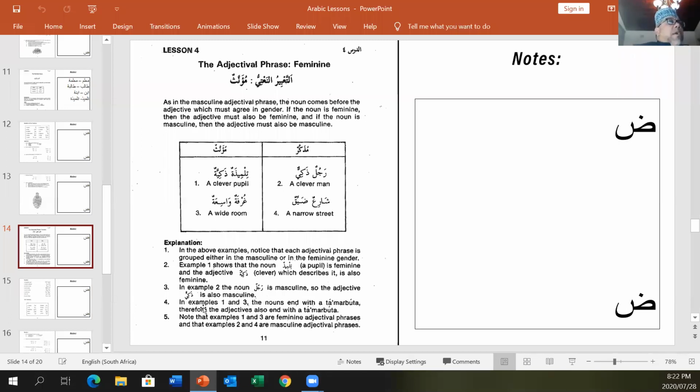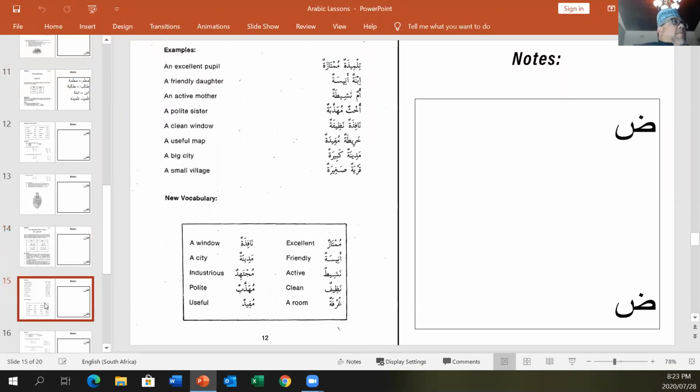Number 4, in the examples 1 and 3, the nouns end with a ta marbuta, therefore the adjectives also end in a ta marbuta, as we explained. And number 5, note examples 1 and 3 are feminine adjectival phrases, and the examples 2 and 4 are masculine adjectival phrases. I think we're comfortable with that.